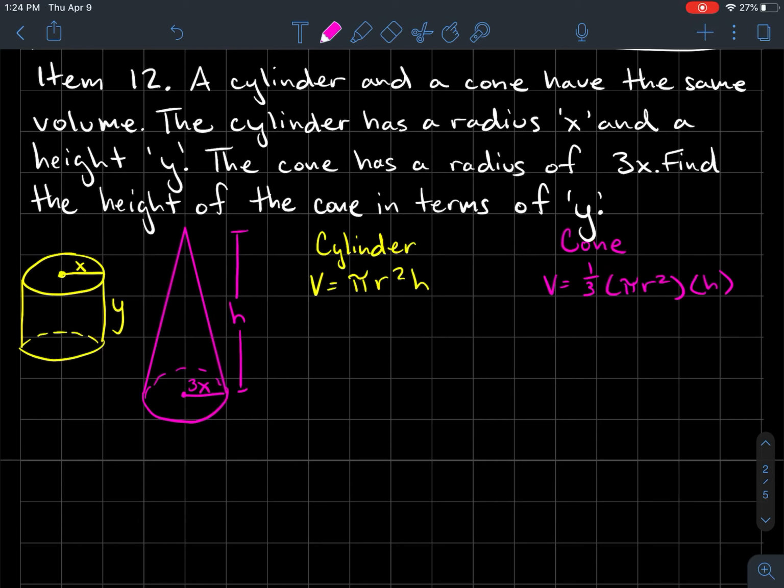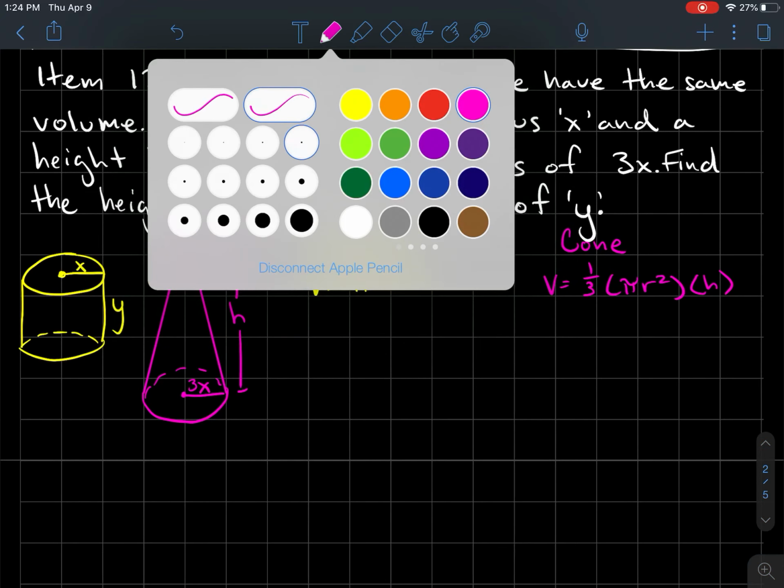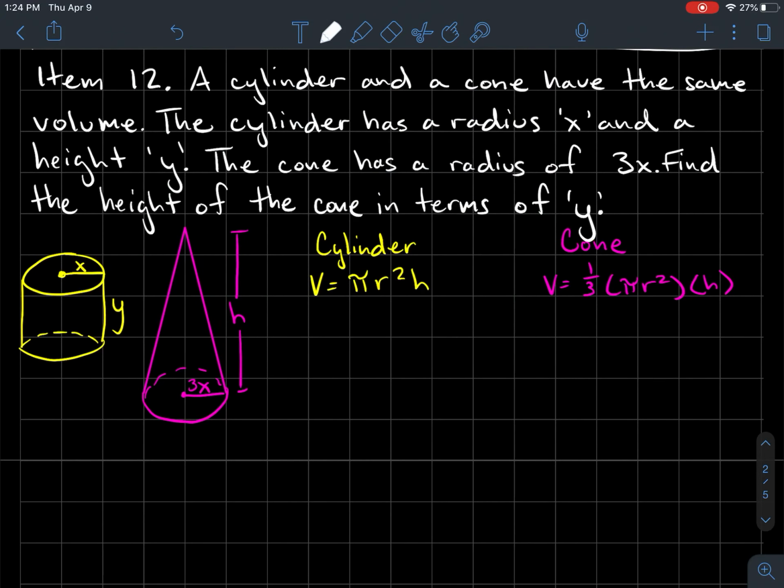And now we're going to plug in the x for r. On the left-hand side on the bottom, whenever we see a radius for the cylinder, we're going to use x. And whenever we see an r for the cone, it's going to equal 3x, and that's what you see in the picture as well. Okay? So let's factor in the values that we have.